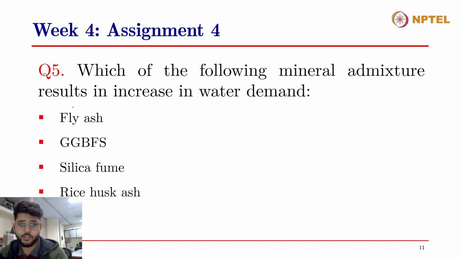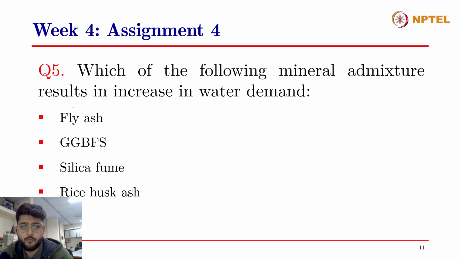Moving on to the fifth question, which of the following mineral admixtures results in increase in water demand? Fly ash, GGBFS, silica fume, rice husk ash. You could say, which among these has the highest water demand and why?